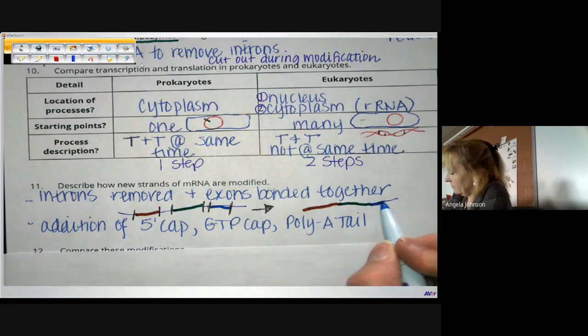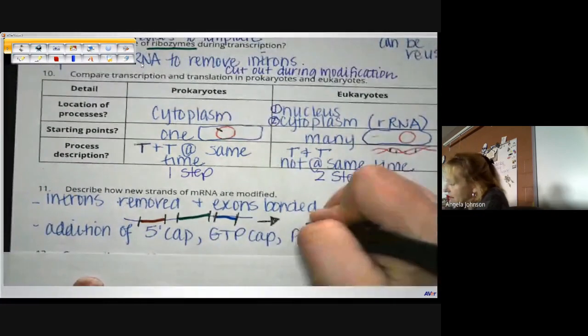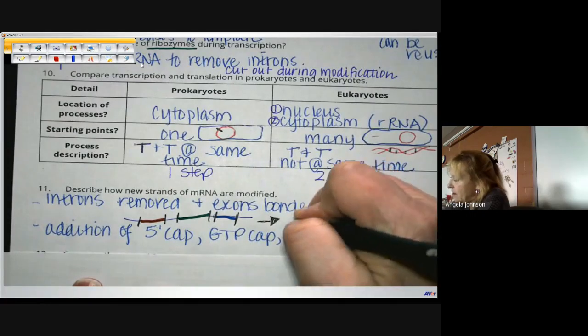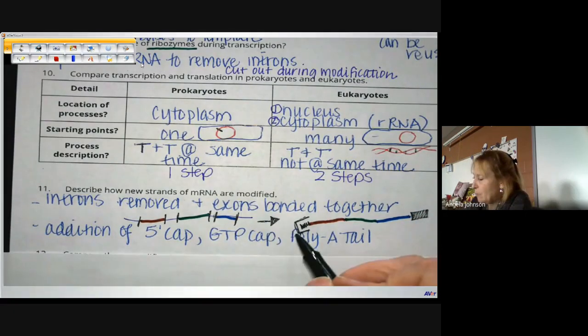Okay, so those little portions weren't necessary. They got cut out. And then it puts two different caps on here. It puts a cap here, and it puts a tail here. So this is the 5' cap, GTP cap, poly A tail.